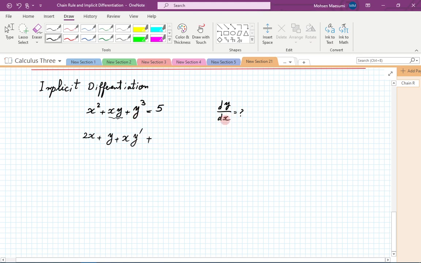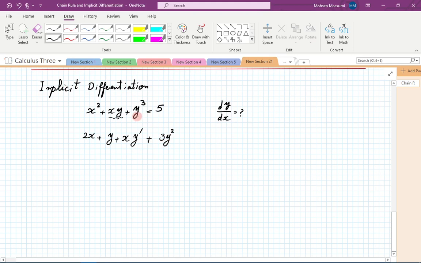Derivative of y cubed with respect to x. Do you remember what that is? Maybe you want to pause for a second and tell me what the derivative of y cubed with respect to x is. Is this what the derivative is? You want to pause for a second and be sure of that. No, that's not all of it.